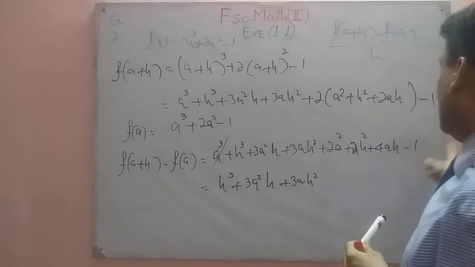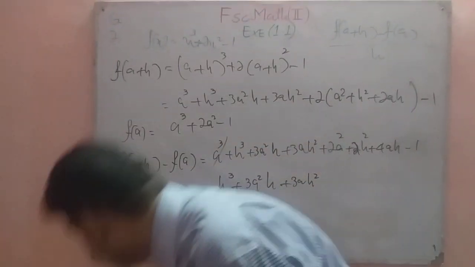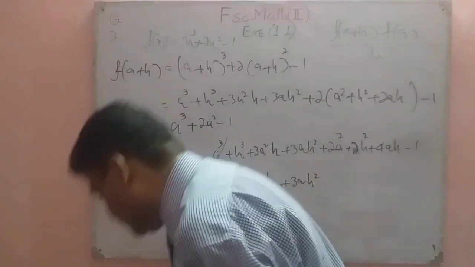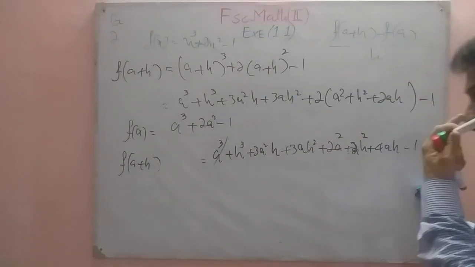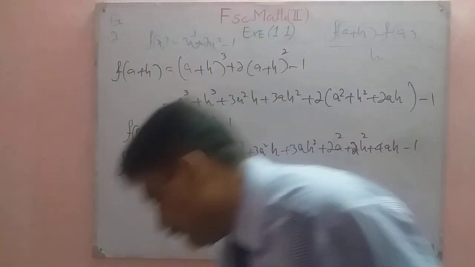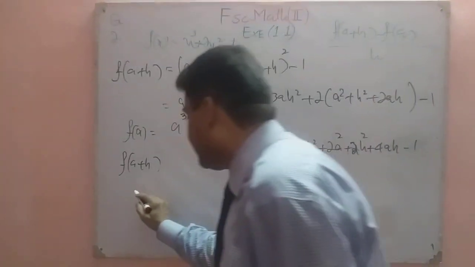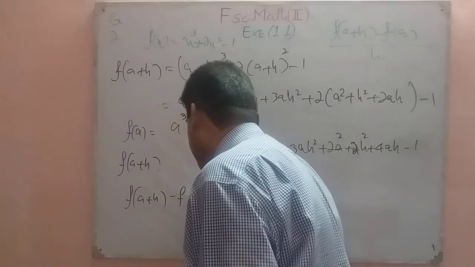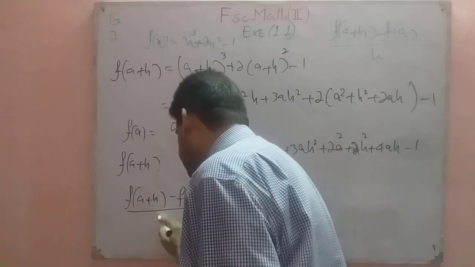But this is the value of f of a plus h, not f of a plus h minus f of a. This is the value of f of a plus h, and the value of f of a is a cube plus 2a square minus 1. We will write f of a plus h minus f of a by h.